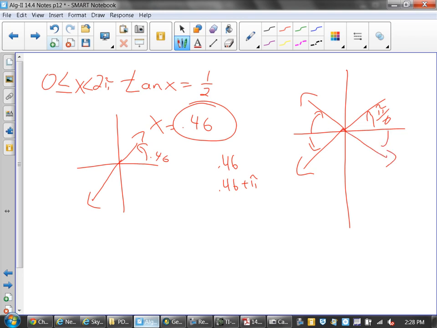In the fourth quadrant, I have to come down off of 2 pi, so I subtract pi over 6 and I get 11 pi over 6. So if I'm going to be in the fourth quadrant here, I would take 2 pi and subtract 0.46, whatever it may be. Okay. Same rules for reference angles as they were before. That doesn't change. You guys were good at that, though.